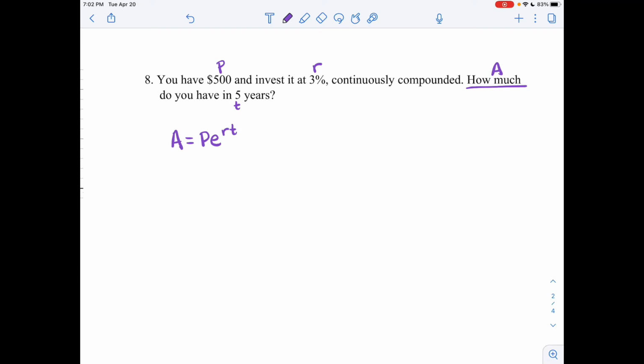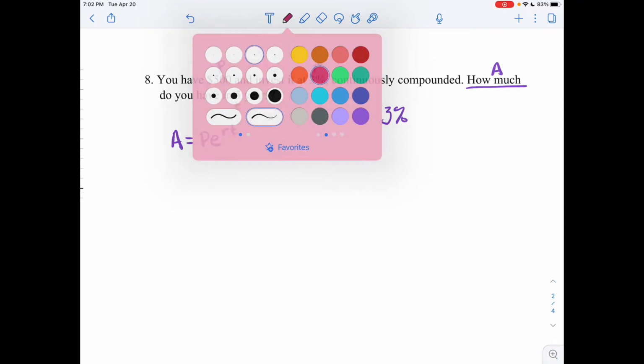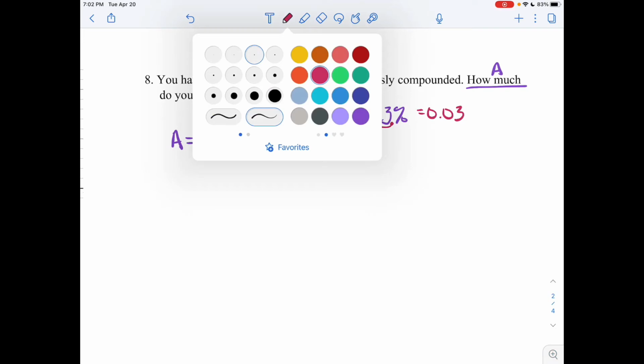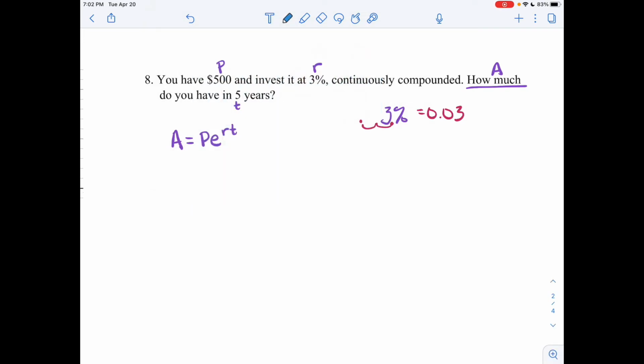Let's go ahead and look at our 3%. And remember that in order to change percent to a decimal, we move it 2 places. So this is going to be 0.03. So we will plug that in to our equation. A is equal to 500 multiplied by E raised to the 0.03 times 5 power. And you can simply put this into your calculator or in Desmos Scientific Calculator.